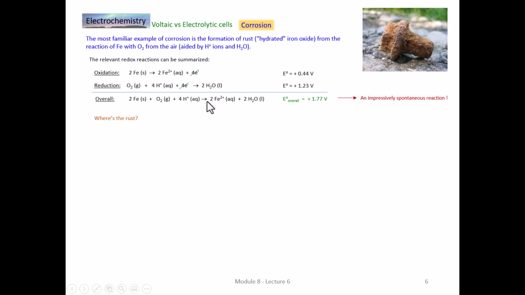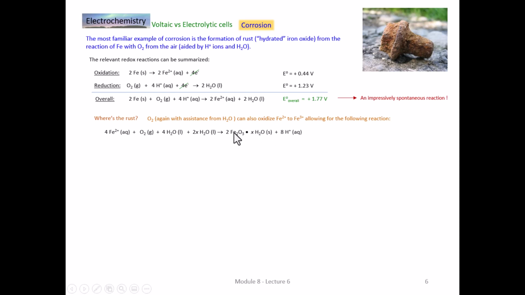Now, if you're looking at this closely, you might say, okay, where's the rust? Well, it turns out that oxygen, again with the assistance of water, can further oxidize iron 2+ to iron 3+, allowing for a reaction that looks like this: iron 2+ and oxygen and water, and some unspecified number of water molecules, forming iron 3 oxide with an unspecified number of water molecules.